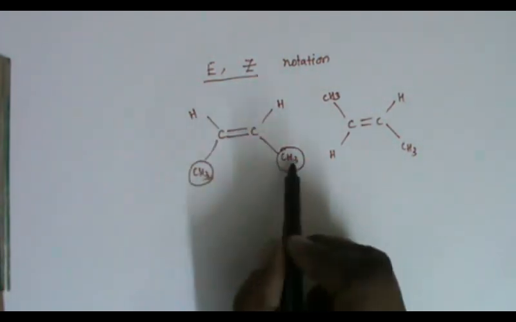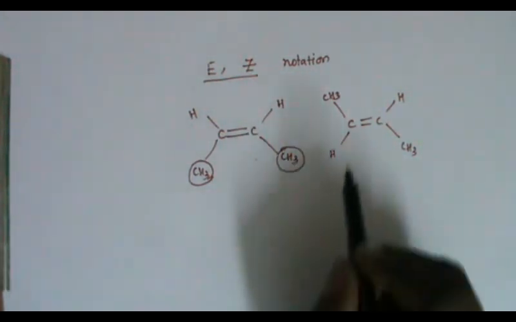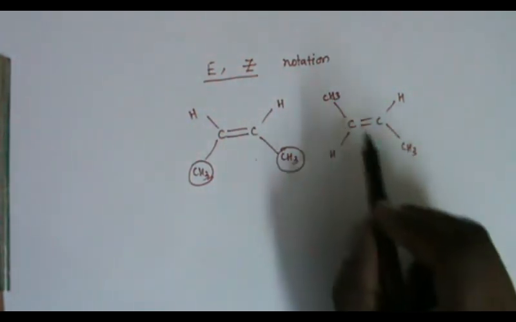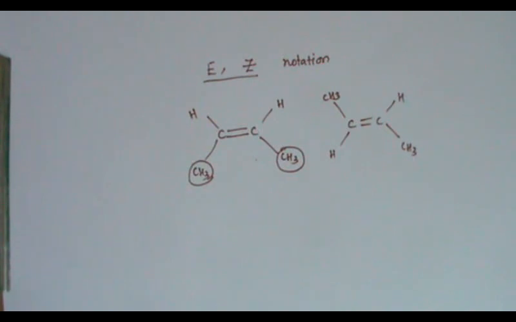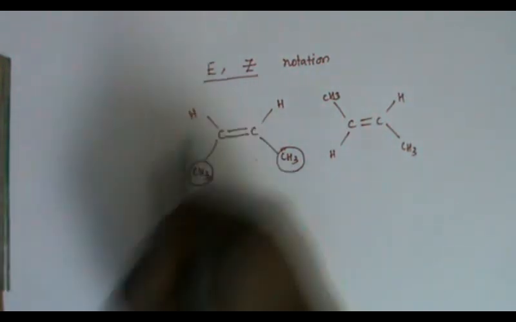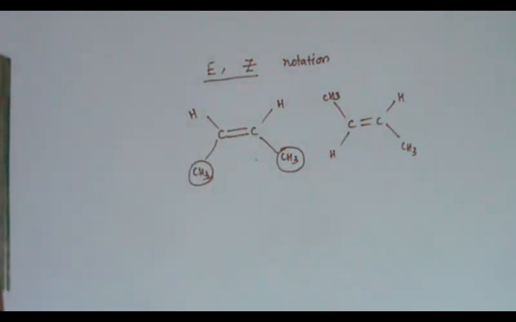In this one, both methyl groups are facing down. But in this case, one is facing down and another one up. So to differentiate that, we use E and Z notation. How to do that?